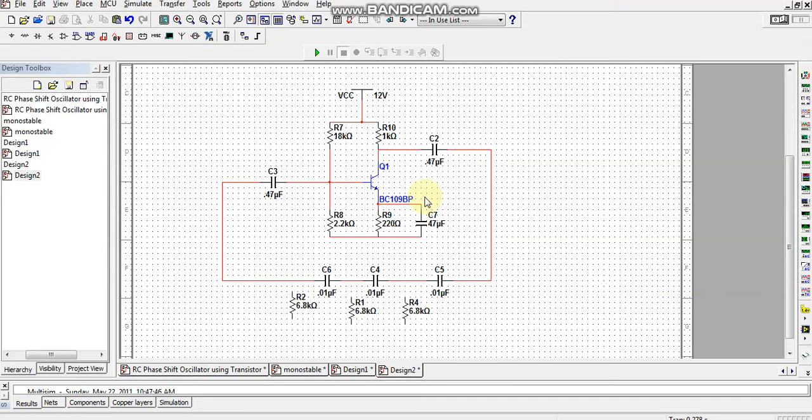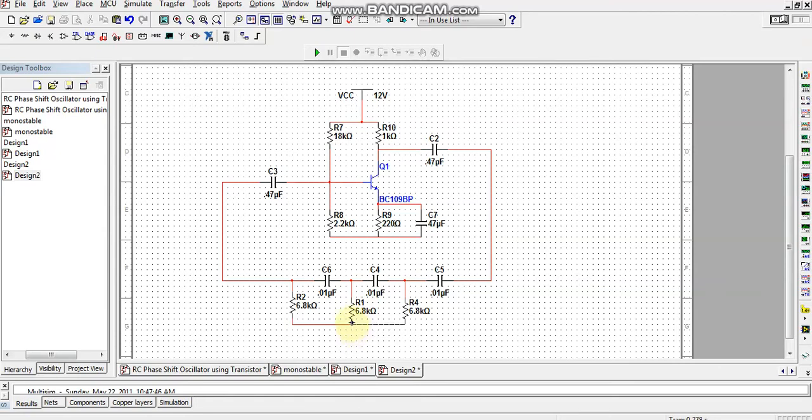So this is the connection. And what else you have to do? You have to connect these resistors. And now connect them here, and connect them here.